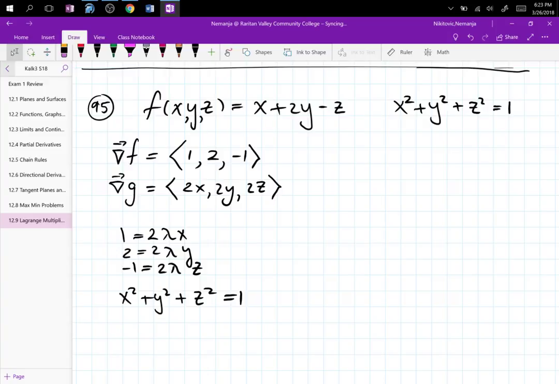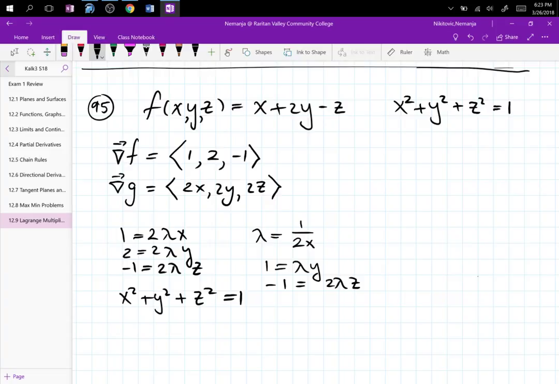We can simplify some of this work. From the first equation, I can say that lambda is equal to 1 over 2x. The second equation is that 2 is equal to 2 lambda y, and negative 1 is equal to 2 lambda z.